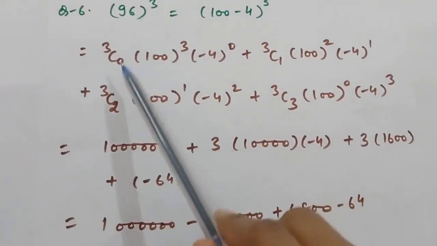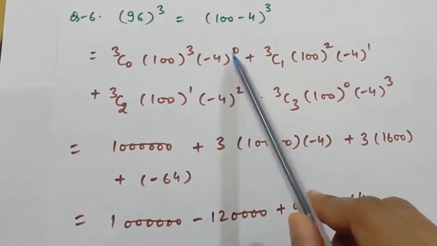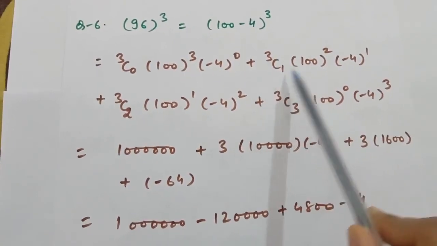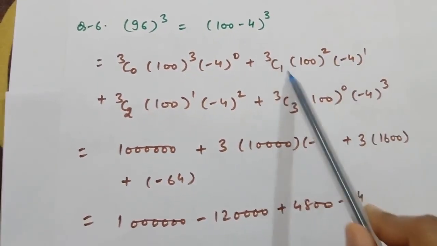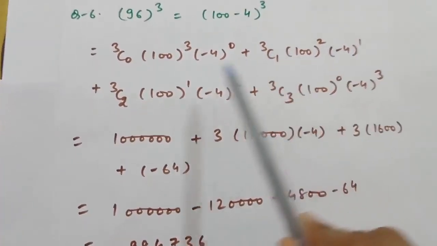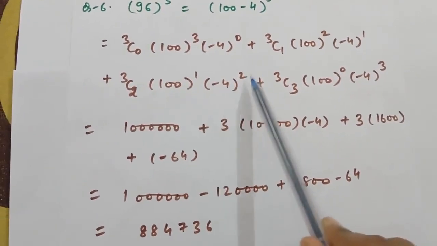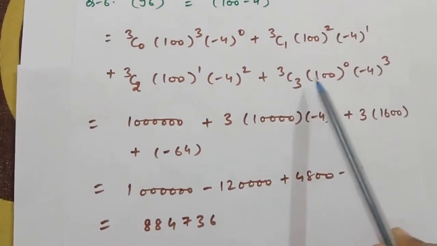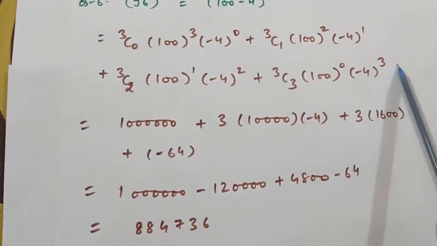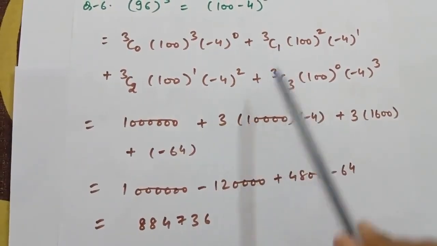So 3c0 100 whole cube minus 4 raised to the power 0 plus 3c1 100 raised to the power 3 minus 1, which is 2, and minus 4 raised to the power 1. Then plus 3c2 100 raised to the power 1 minus 4 whole square plus 3c3 100 raised to the power 0 and minus 4 whole raised to the power 3. When you solve the first term, you will get this. Second term 3c1 will be 3.